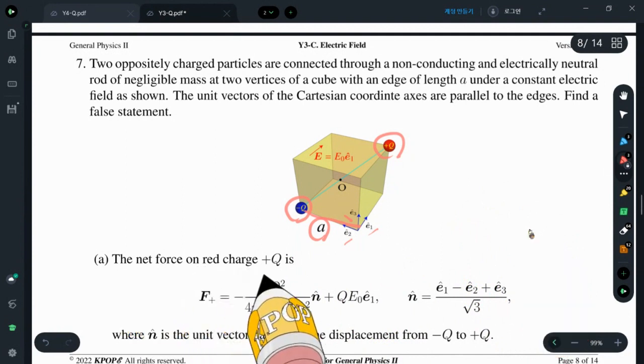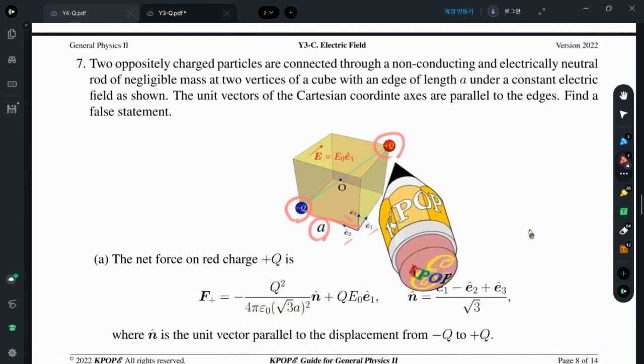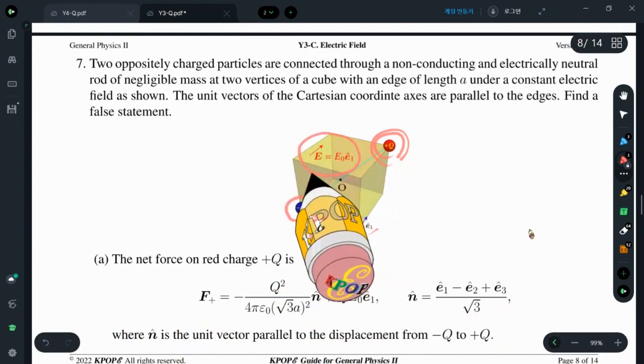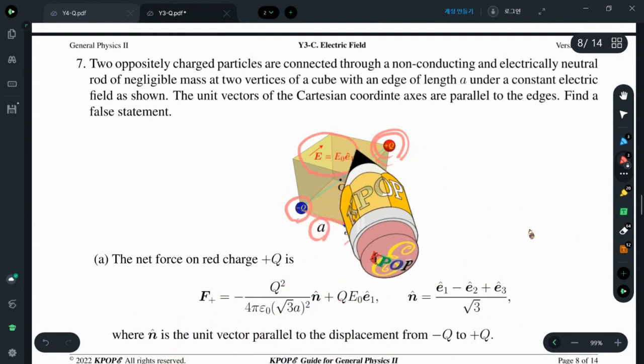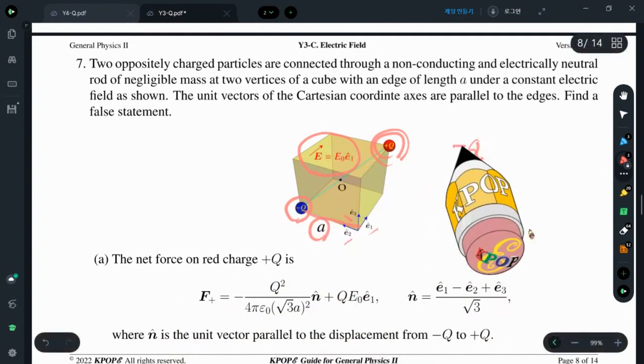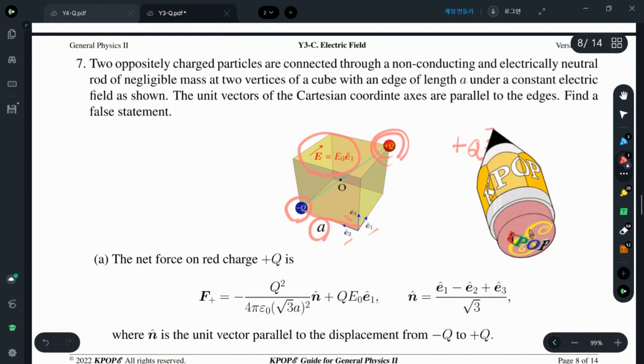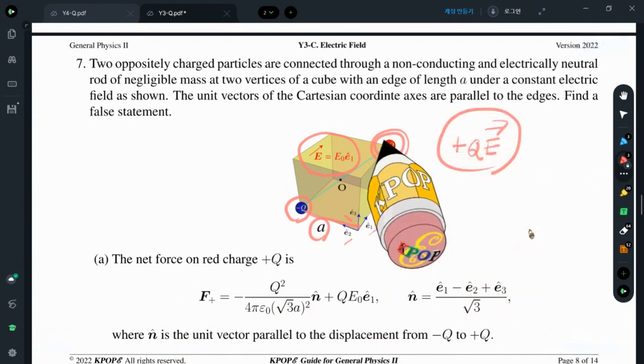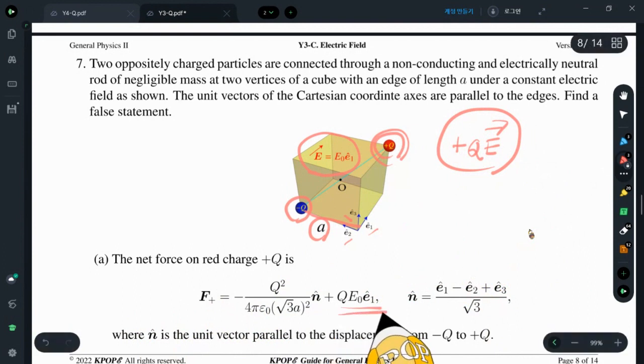The net force on the red charge Q: we have an external electric field, that is a constant electric field. Due to this electric field, plus Q multiplied by the external electric field applies to this charge, that is this, right?